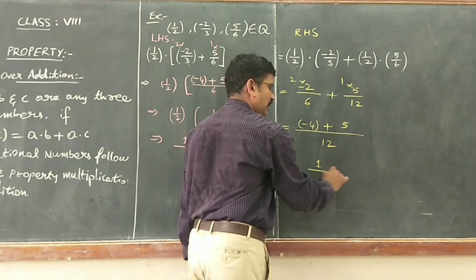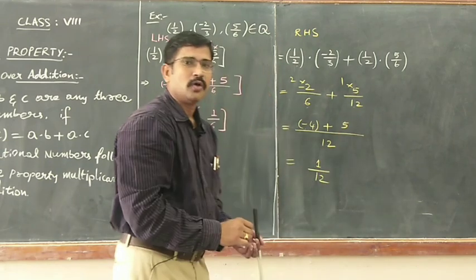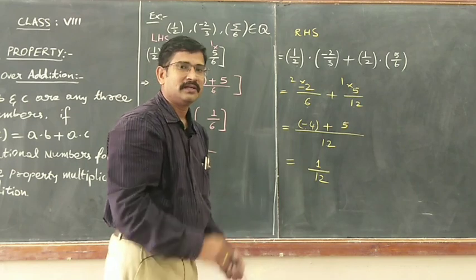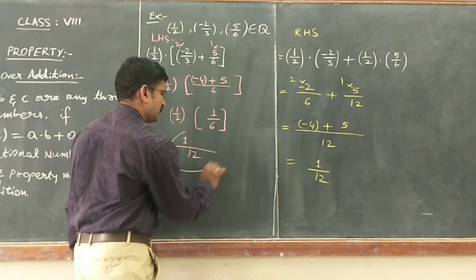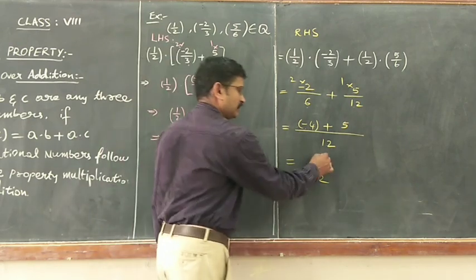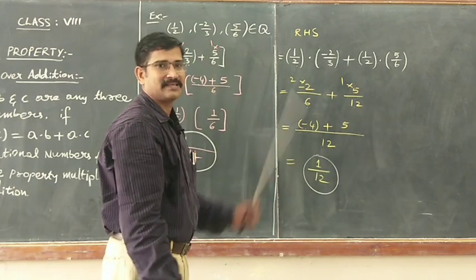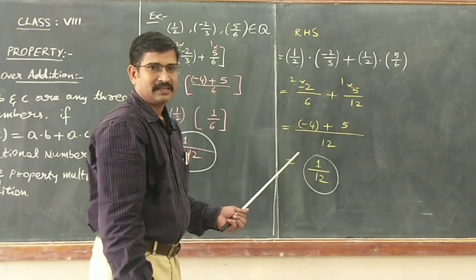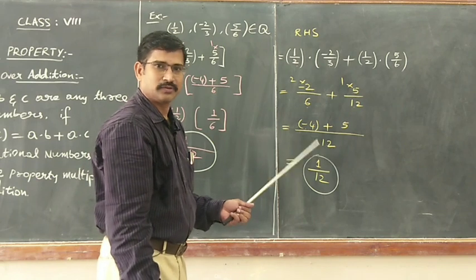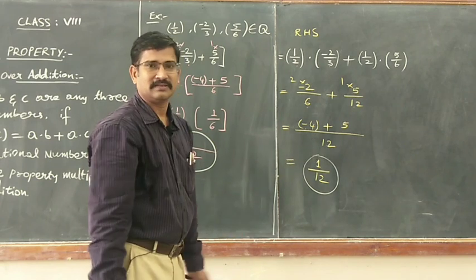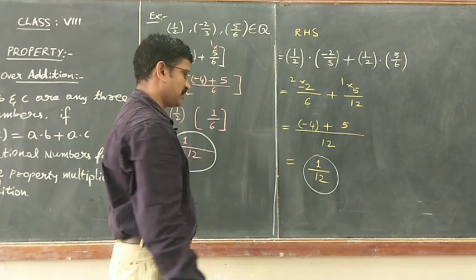Simplification of this is 1 upon 12. So, in both the cases I have got the same result. So, we can say the distributive property is true for any 3 rational numbers.